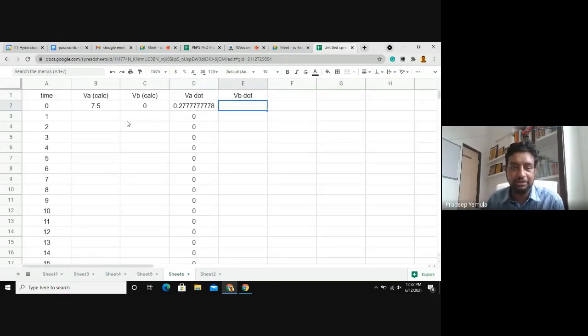Similarly, for VB dot, I have the equation already. So this will be VA, so minus VA divided by 27 plus 70 into 1000 divided by 1, 2.